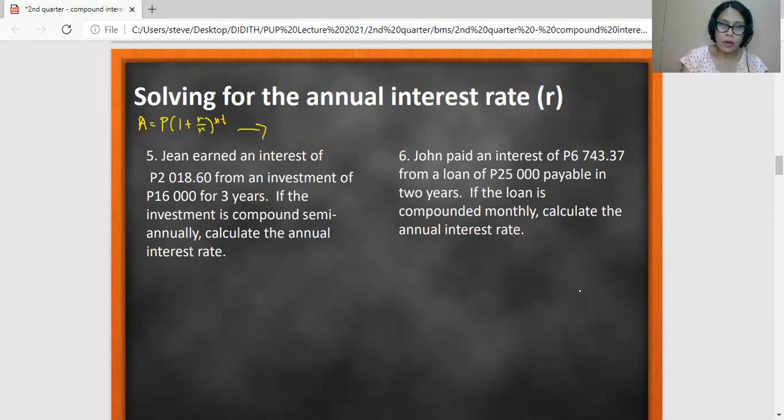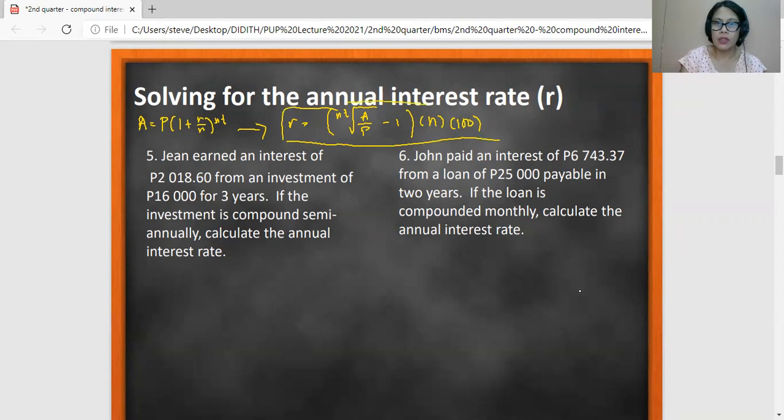So solving for R, we'll work on the NT root of A all over P, minus 1, times the compounding period N. For us to directly convert R, which is a decimal value, to percent, we'll multiply that by 100. So we're going to make use of this formula in solving for the annual interest rate.